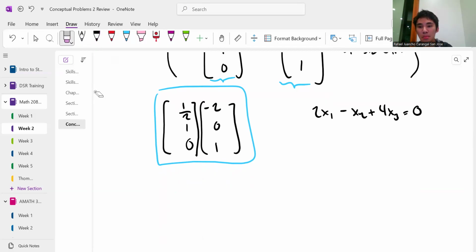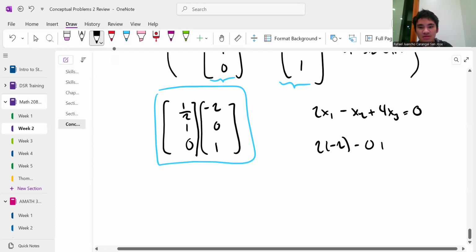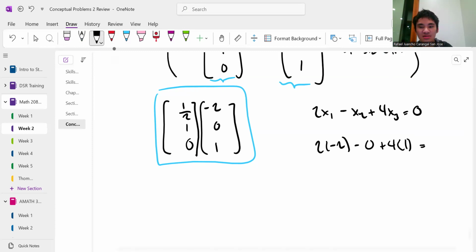That works, right? If we plug in (-2, 0, 1), 2 times negative 2 is negative 4, minus 0 plus 4 times 1 is 0. Negative 4 plus 4 is 0.